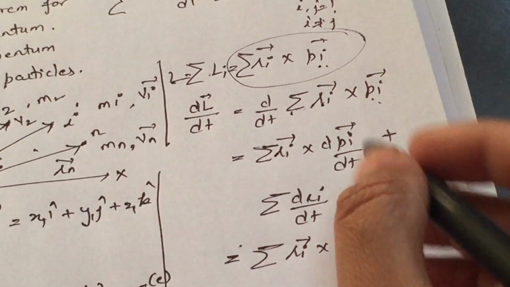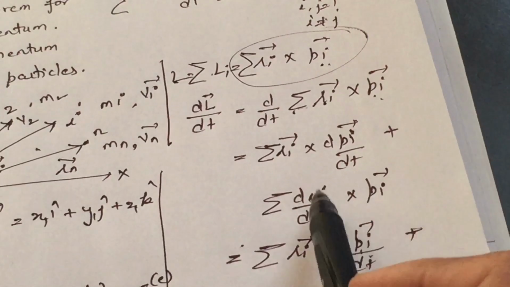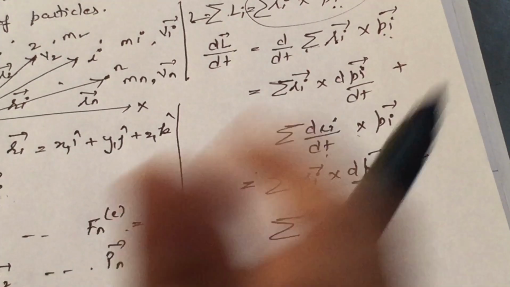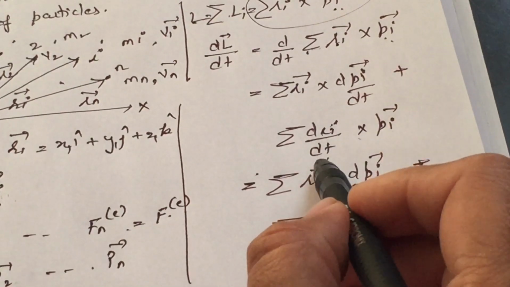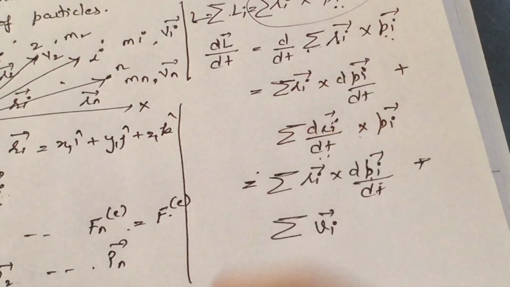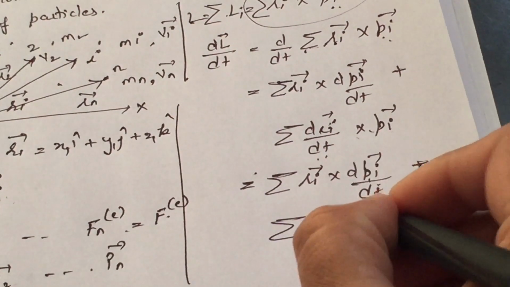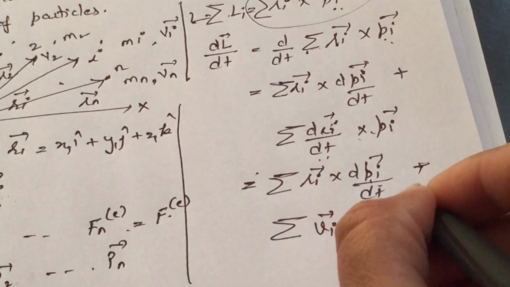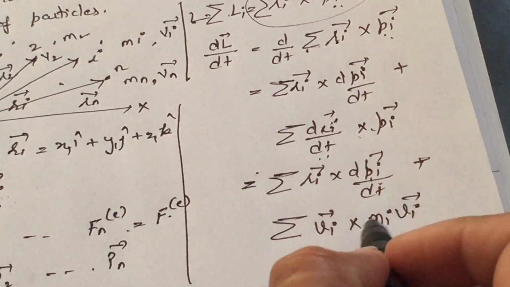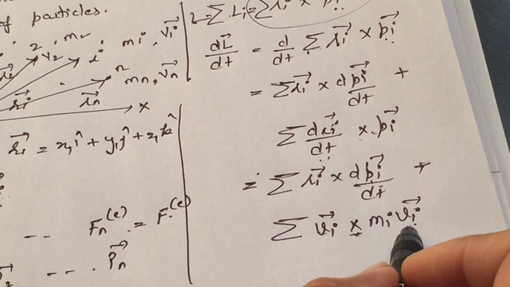The first term we have taken as it is, plus now the second term, dri upon dt cross pi. The change of position vector with respect to time is the velocity of the ith particle, and pi can be written in terms of the momentum of the ith particle, that is mi vi. Here there is a cross between these two factors.